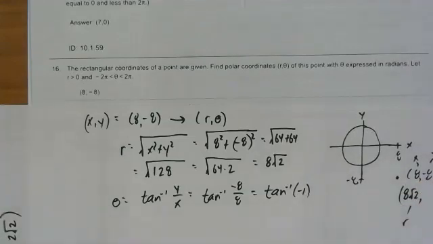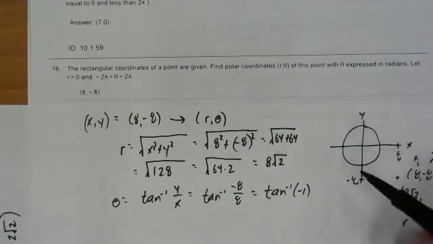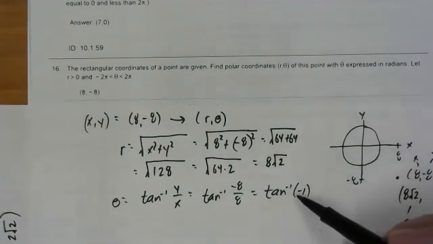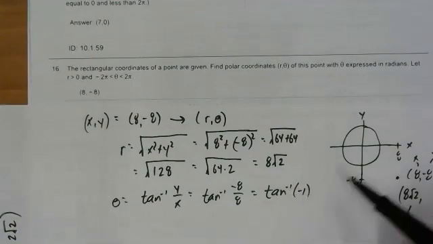So theta is the inverse tangent of -1. Now here's the tricky thing. If you were to grab your calculator, you don't need to for this one, but let's not even talk about the calculator. Let's just pretend this was a true inverse tangent problem.